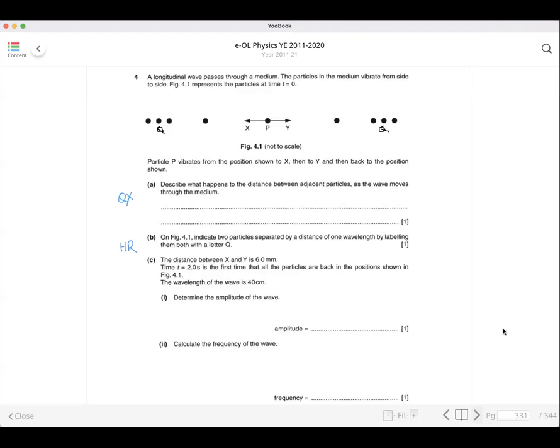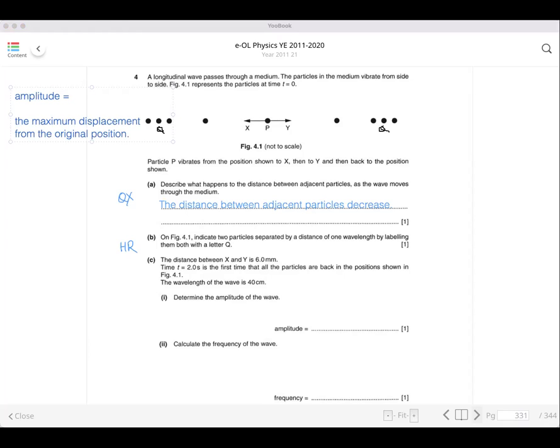Ryan asked me a question: how do you find the amplitude of a longitudinal wave? Let me explain the definition, then you can tell me the meaning of amplitude. Amplitude means the maximum displacement from the original position.